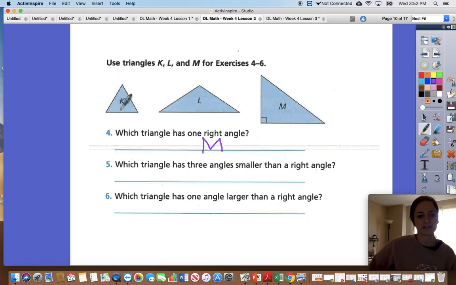K, right? And then which triangle has one angle that's larger than a right angle? So it's more spread out. L, do you see how this one is larger than a right angle? And you might be thinking, Ms. Cook, how can you tell? They would put a square there if it was an actual right angle, but if you notice, it's a little bit bigger than a right angle, okay? So we'll put L.